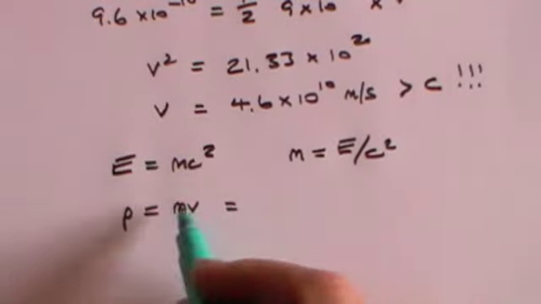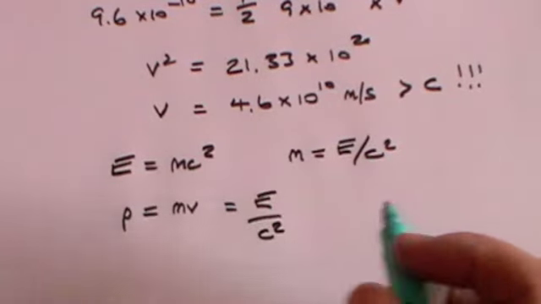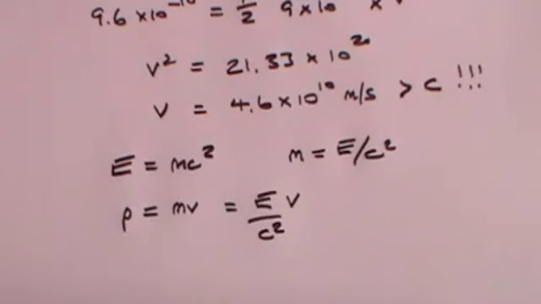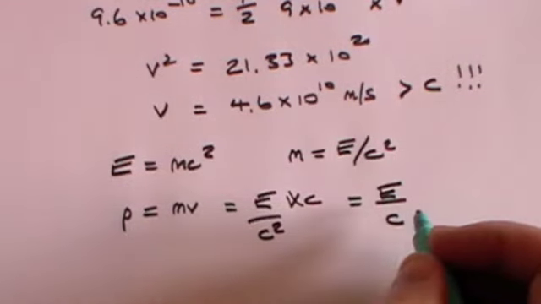So that's going to equal the mass term, which is E over c squared, we just derived that here, times the velocity v. But I just told you that when you've got electrons at this kind of energy, the velocity is c or thereabouts. So you can replace that term by c, and then one of these c's cancels out, and that just becomes E over c.